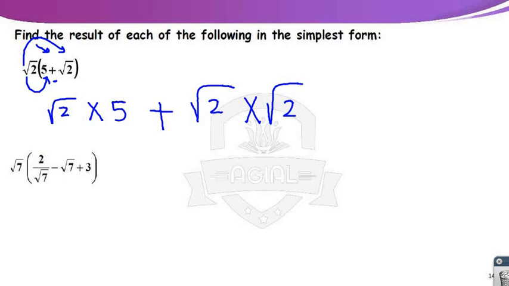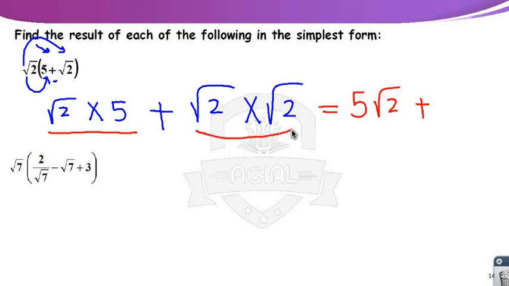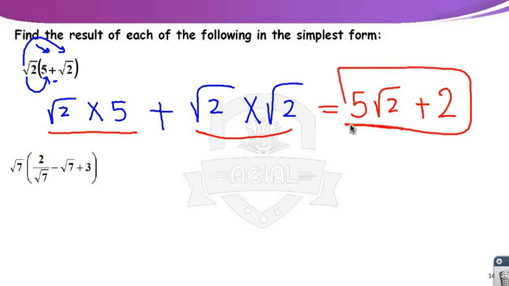So we have 5 square root of 2 plus square root of 2 times square root of 2, which will be 2. So we have two different terms, and this is the result. We will stop at this result.